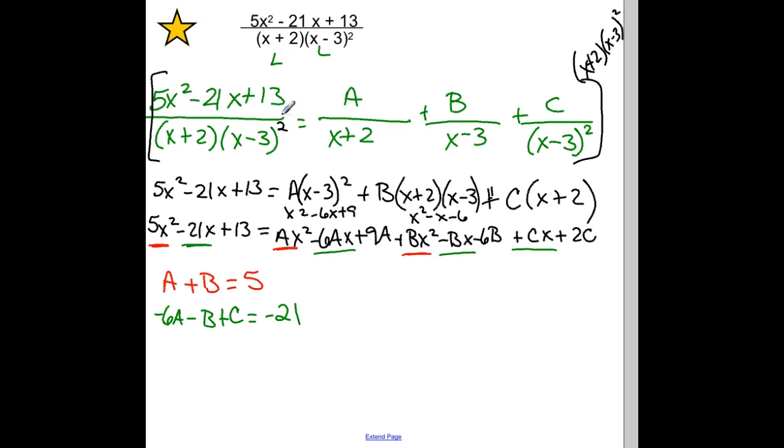We good with that? All right. Last step is our constants. We have 9a's, negative 6b's, and 2c's. And it has to balance with the 13 over there.